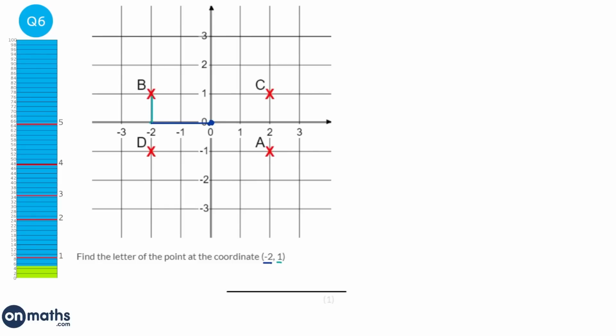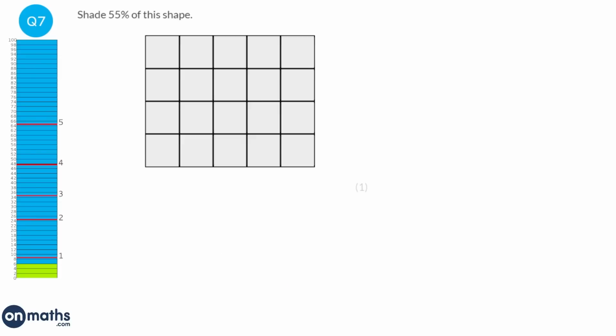So we need to go 1 up, and we get to the coordinate of B. So we just look at the -2 on the x-axis and the 1 on the y-axis, and that is where point B is.